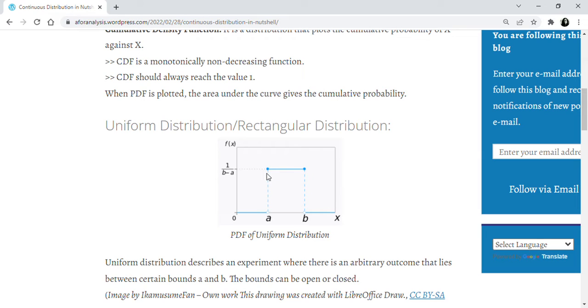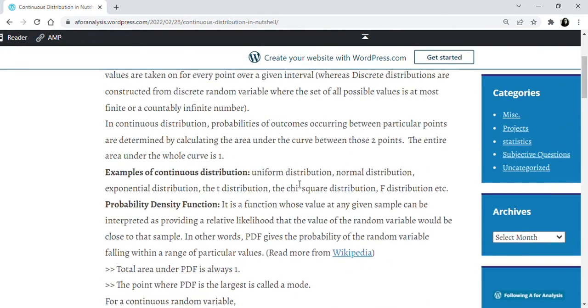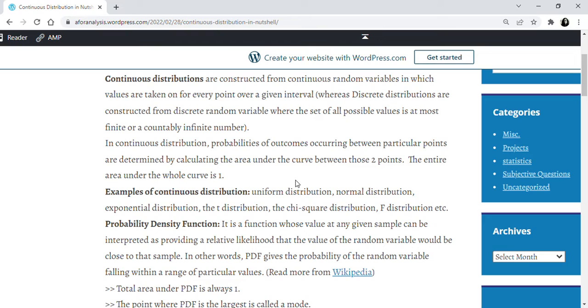Here, as we can see, the width is b minus a and the height is 1 by b minus a. So the probability will be the height times the width, meaning the area of the rectangle, and it will be 1.